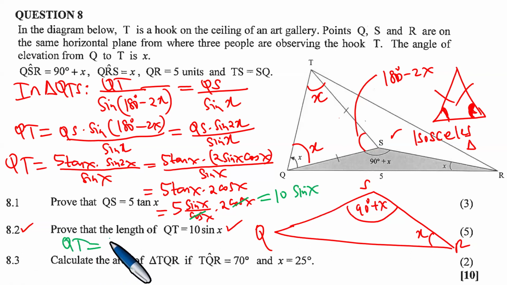So QT is 10 sine x, which is exactly what had to be shown here.